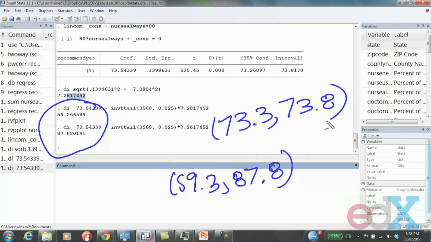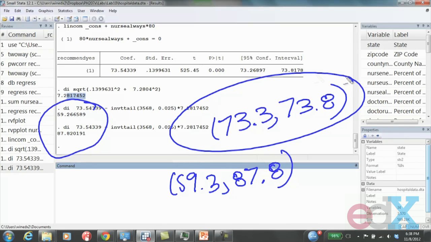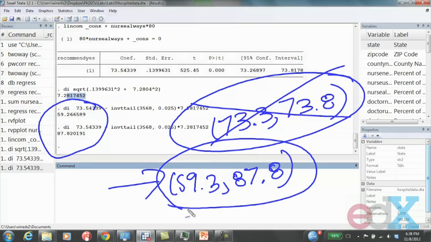So the point of this is that when we're talking about means, when we're talking about averages and large samples, we can get this really tight bound for predicting the mean, assuming our linear regression model is correct. But if we take a new observation, a new hospital, and we want to predict what happens at that one specific hospital, we're moving from talking about means to talking about individual predictions. And when we deal with these individual predictions, we have a lot more uncertainty.